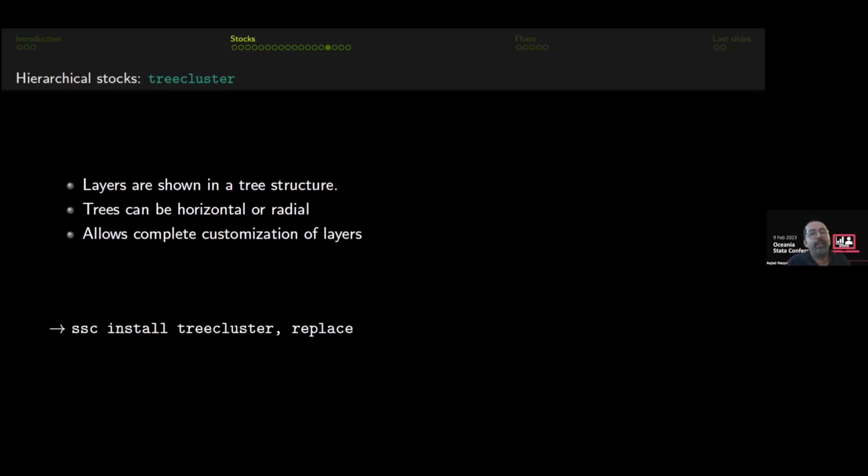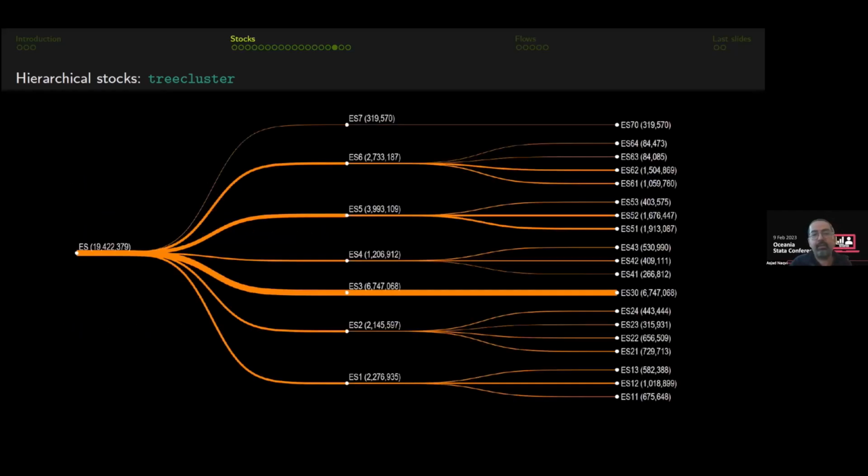The idea behind this algorithm is that layers are shown in a tree structure. Trees can be horizontal or radial, and the package was released in December, so I'm still working on it, but it already allows a lot of customizations of layers and so on. And so this is what it looks like.